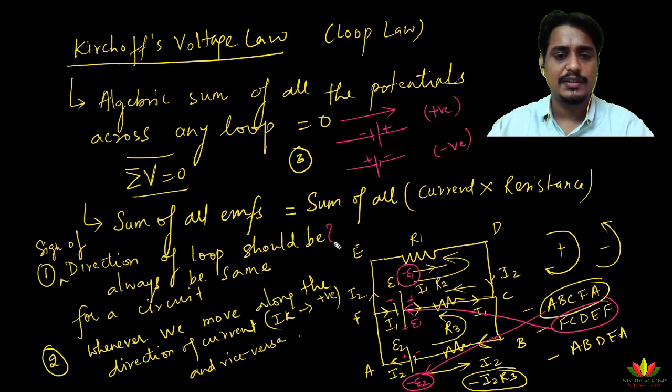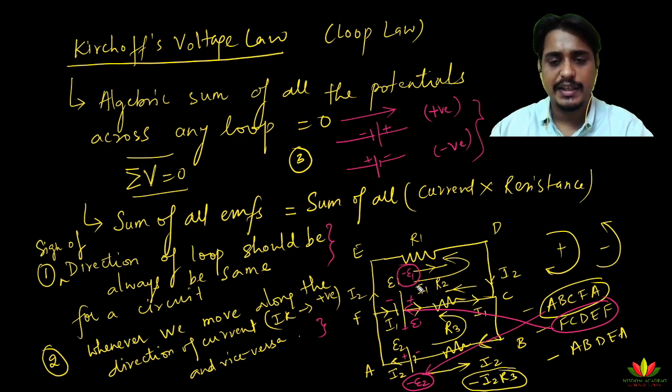These three rules, if you have understood, then any complex question you can solve by using Kirchhoff's law. So that is the voltage law. You can apply the voltage law now. The first thing was, whatever direction you are taking for a single loop, that direction has to be maintained for the entire question, for the entire circuit. There can be more than two or three loops in a question. So if you are taking clockwise as positive, then all the loops should be taken clockwise as positive.